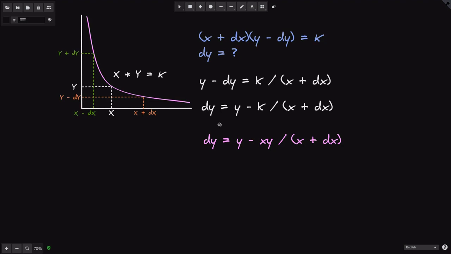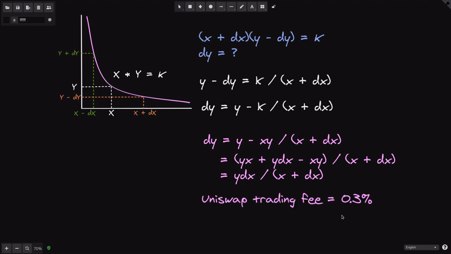Now inside the code of Uniswap, this equation is represented in a slightly different way. So we'll do some algebra to derive the same equation. First, we'll replace K by X times Y. And we can do this because X times Y is equal to K. And if you do more algebra, some of the terms cancel out, and we're left with Y times dx divided by X plus dx.